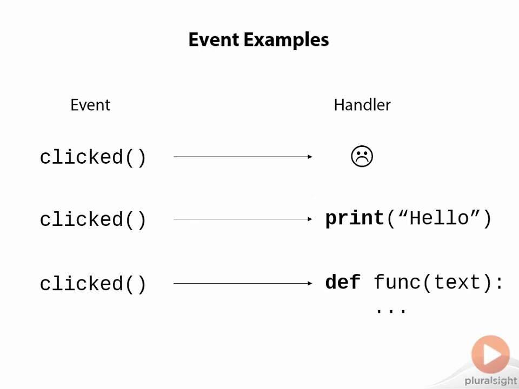Well, that's because Qt actually comes with some built-in events, such as clicked, textChanged, for example, which fires when you change the text in the QLineEdit, and remember that's our text box. What's also interesting about this textChanged event is that it also passes a parameter to whatever handler is attached to it. There are many other events available overall.